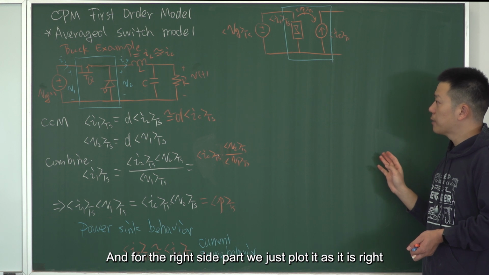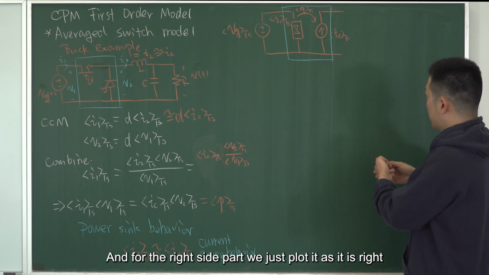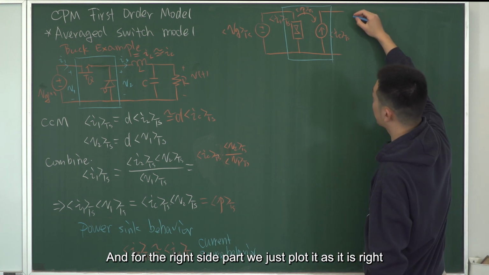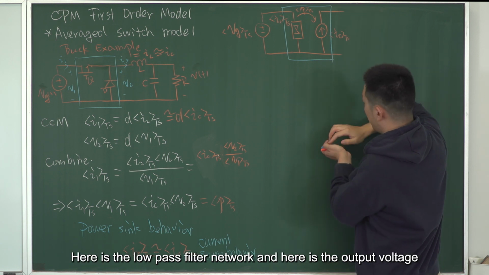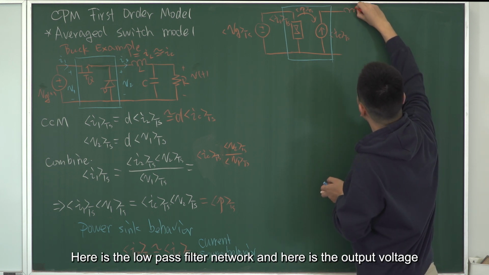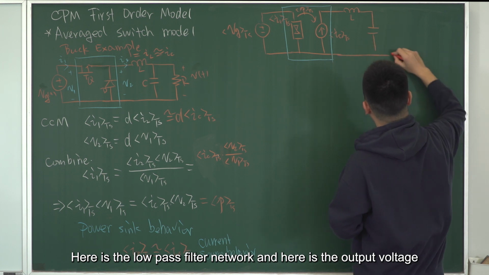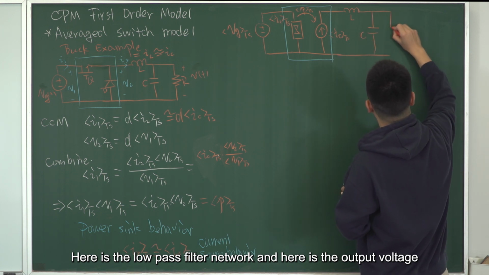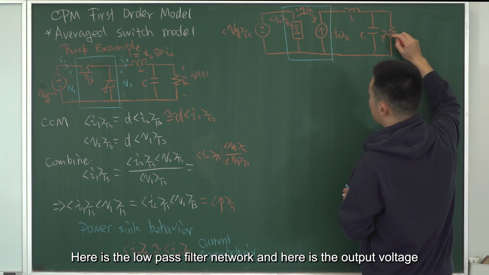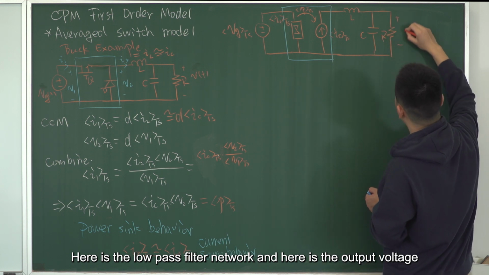And for the rest part, we just plot it as it is. So here is the low-pass filter network, and here is the output voltage.